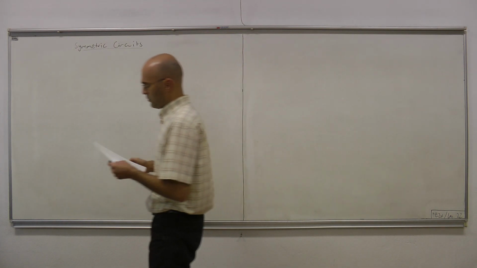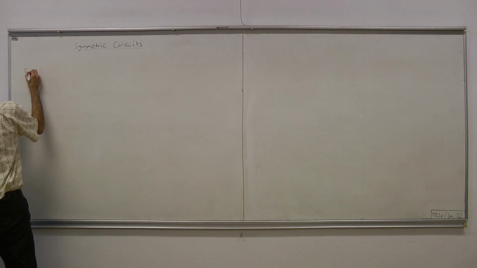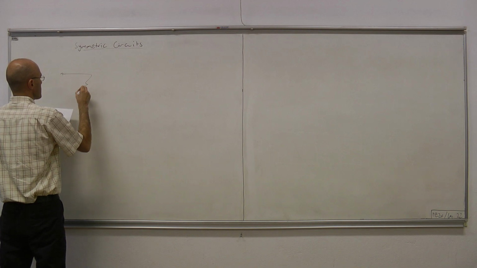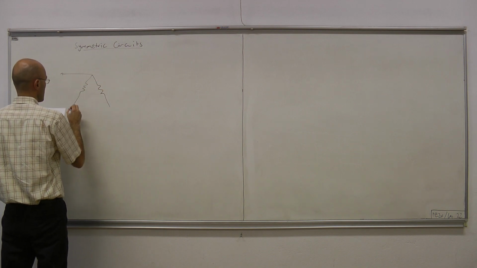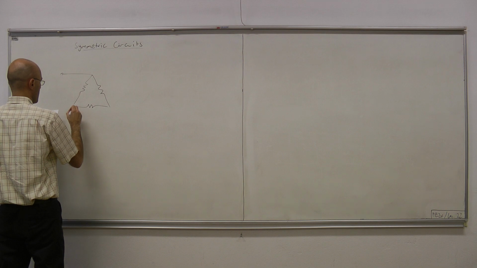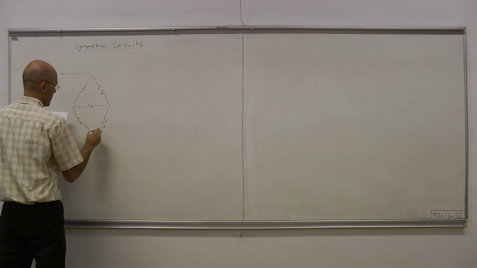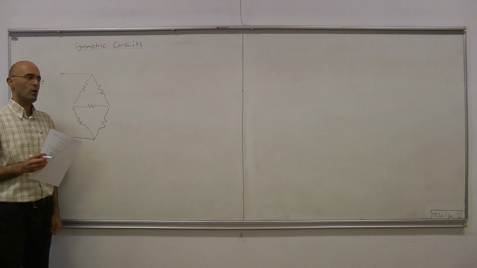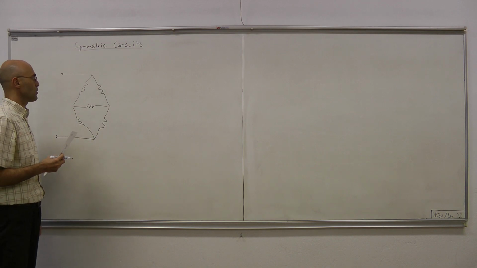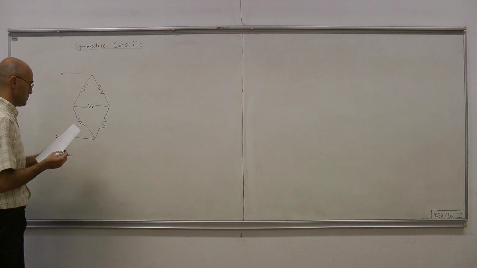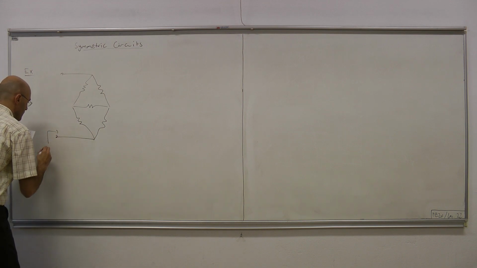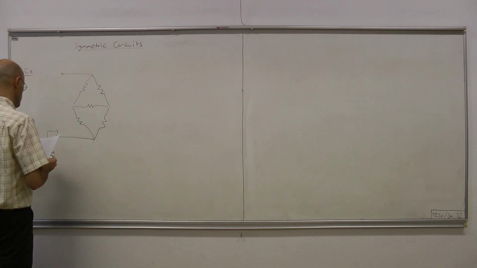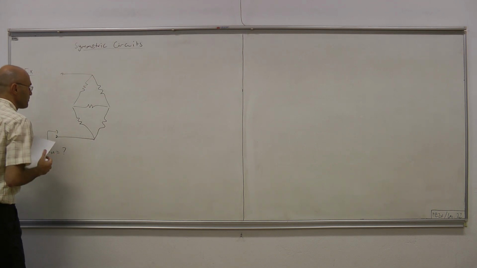So, for instance, consider the following example. Let this be our one port that contains only LTI resistors. For this one port, there is an input resistance, and that's what we're trying to figure out.